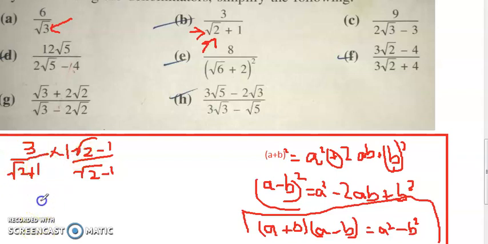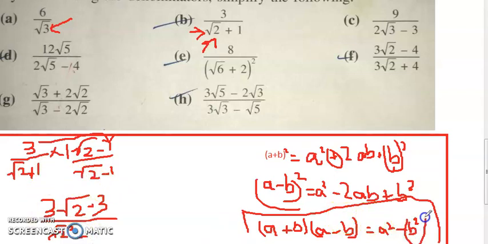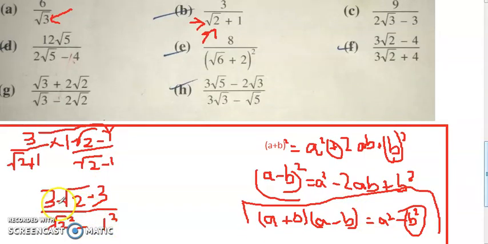So 3 1s are 3 under root 2 minus, now 3 will multiply with 1 as well, that will be 3 upon, now 2 plus 1 and 2 minus 1. In this case, as I've shown, a square minus b square. So under root 2 square, under root 2 square, and there should be a minus, then the b is actually 1 square.